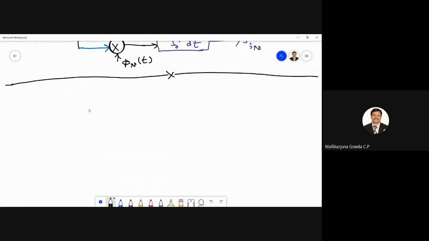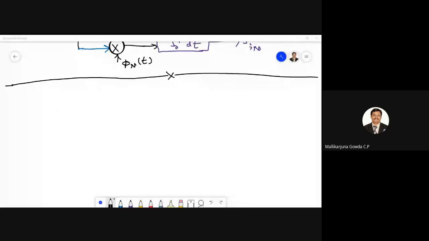So let me start with this. I hope you all understood what an n-dimensional Euclidean space is. Can any one of you say quickly what an n-dimensional Euclidean space is? Euclidean space, n-dimensional Euclidean space, I'm asking.